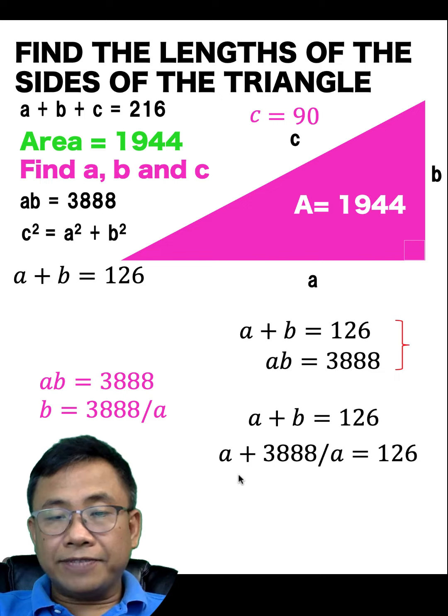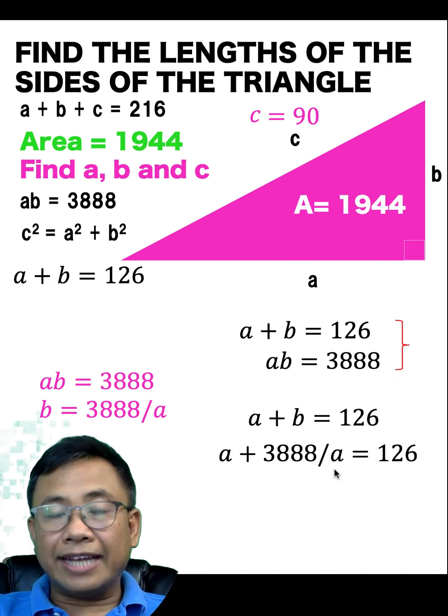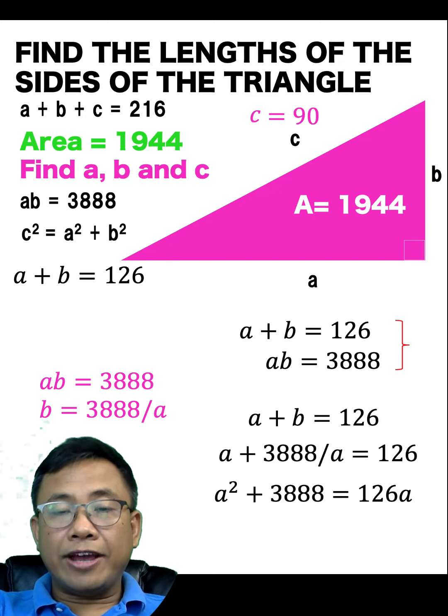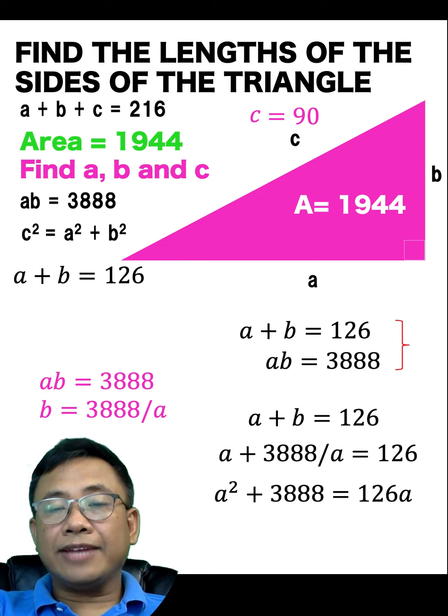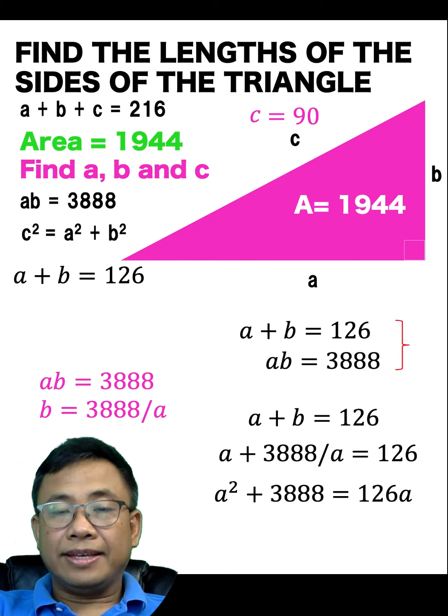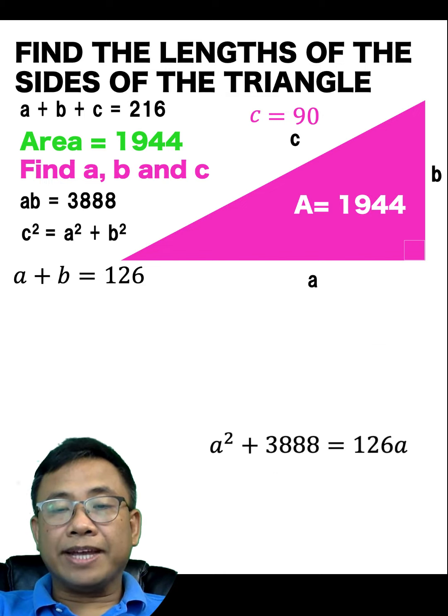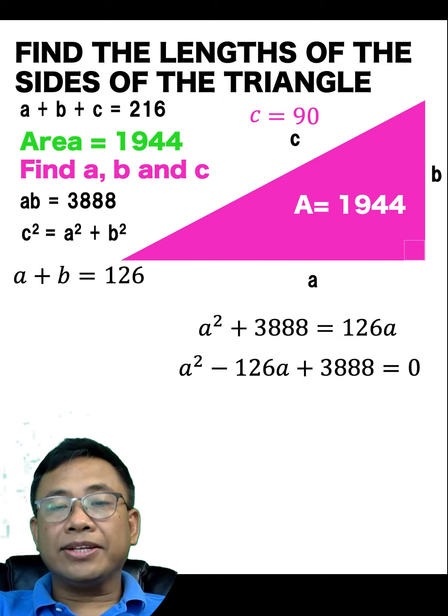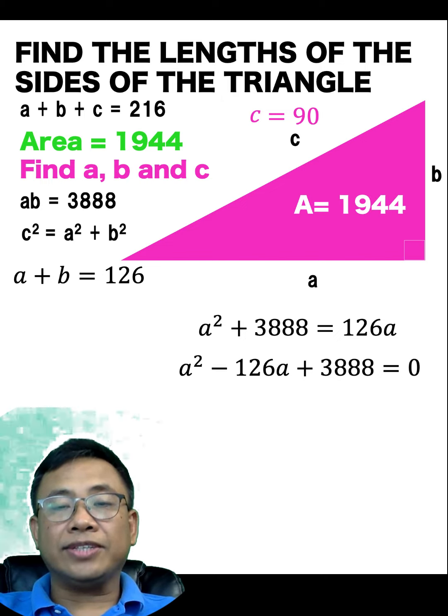We can simplify this further by multiplying both sides of the equation by A to eliminate a denominator that is variable. So we have A squared plus 3,888 is equal to 126A. And rearranging, this becomes A squared minus 126A plus 3,888 equals 0, which is a quadratic equation.